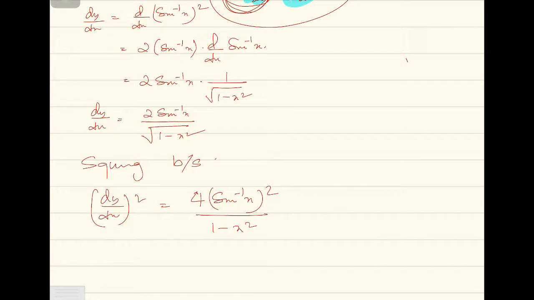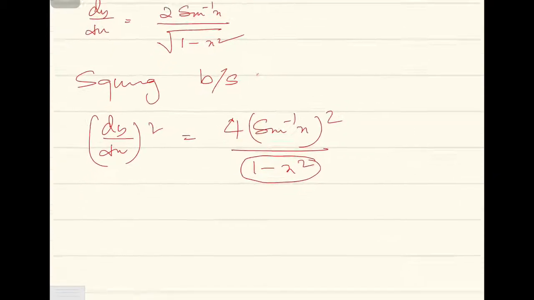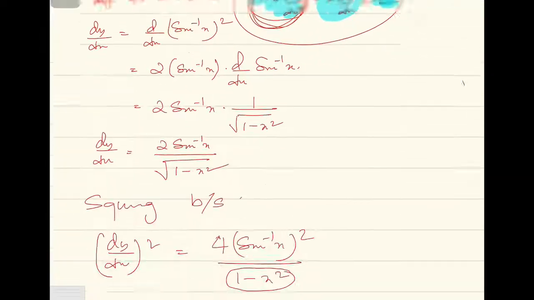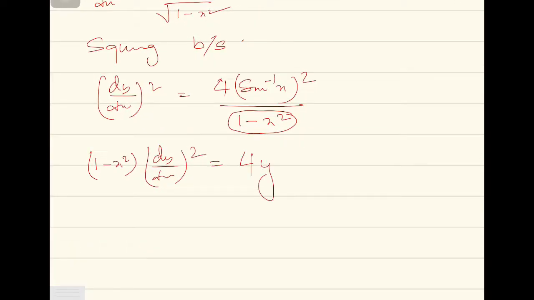Why have I done this? Because I know I can convert this to 1 minus x square by squaring it. That way I will get (1 minus x square) dy by dx whole square like this, and that side I'll get 4 times sine inverse x whole square. I suppose I can replace that as well by y, because sine inverse x whole square means y.